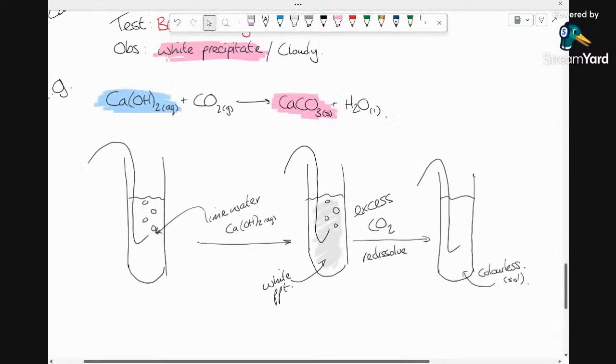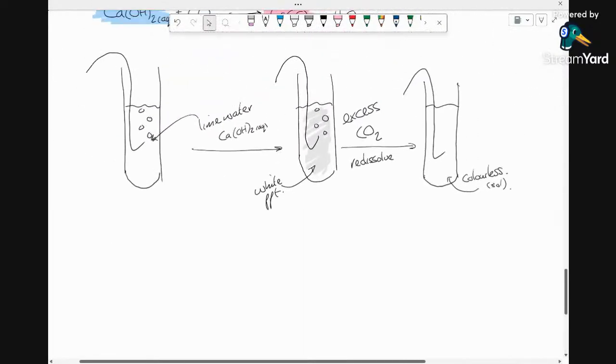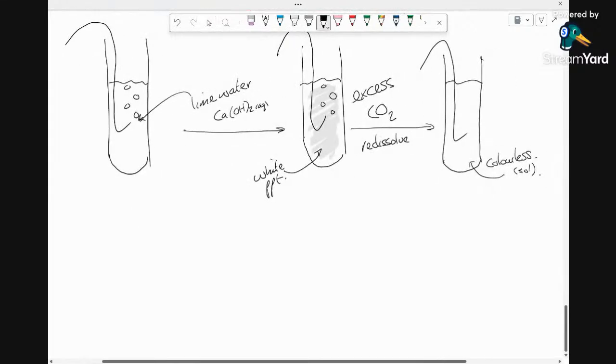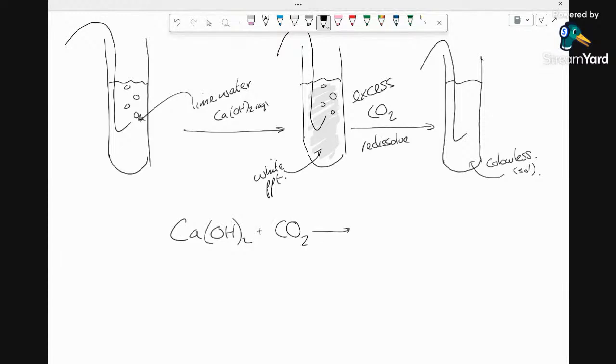So what's happening? In the first equation, the calcium hydroxide is reacting with the CO2 immediately and forming calcium carbonate and water. The reaction essentially halts at that point, and there's my white precipitate.